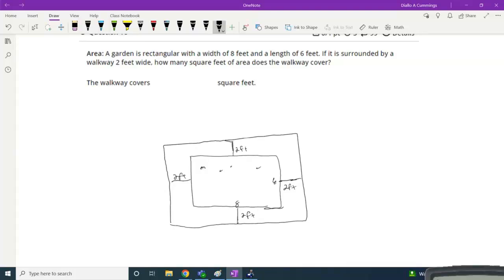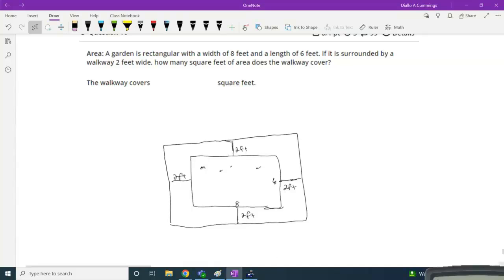Okay, so that's what the walkway around the garden looks like, and it extends 2 feet from each side. What we're asked to do is find the area of the walkway.